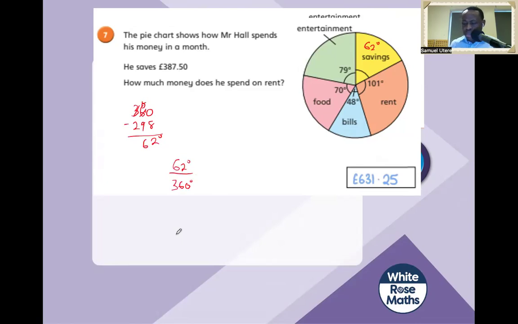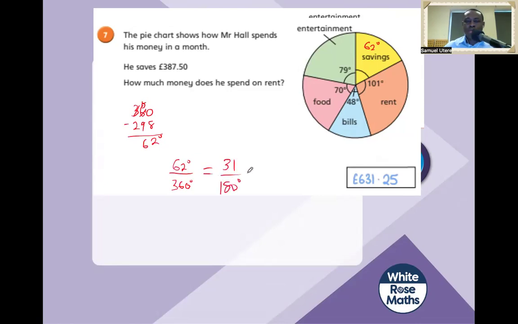That represents 31 over 180. Okay, 31 over 180.